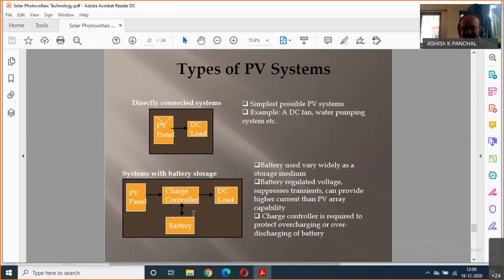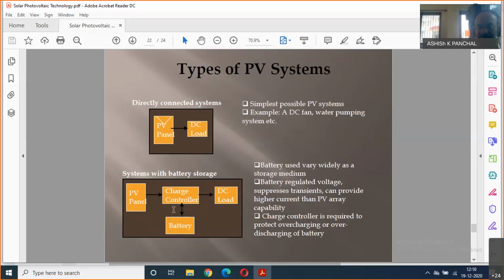Okay, so we need to see the charge control, and this control is also known as a charge controller. When the battery is empty, it charges from the PV panel. When the batteries are full, the controller will disconnect the PV panel from the load.